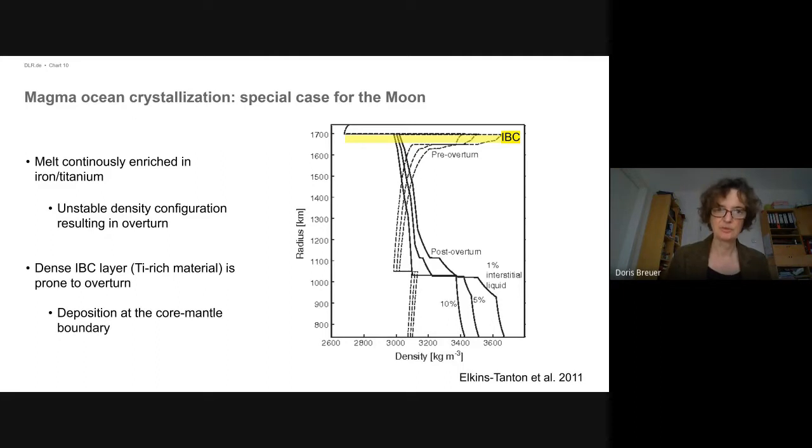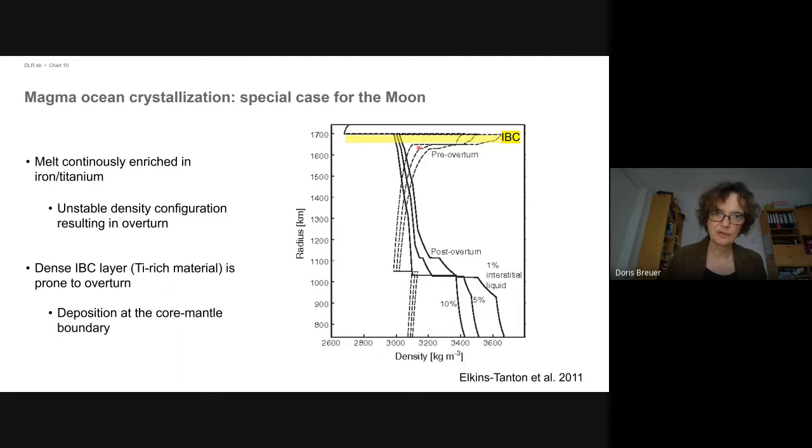What you see here is the radius as a function of density. This is a density profile when the magma ocean is crystallizing and nothing else happens. So at the end, at the top you have this low density crust, and below the crust you have this highly dense so-called IBC layer.